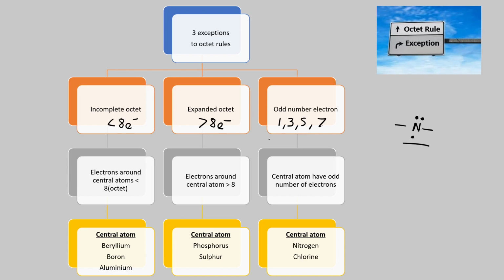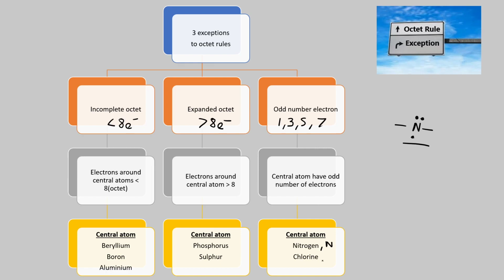Okay. One thing saya nak you guys to take note is, can you tulis dalam you punya buku, untuk this exception, only for this element. Okay, you tengok muka surat 68. Untuk odd number of electron is only kalau central atom dia is, can you tulis tepi, for nitrogen and chlorine sahaja.